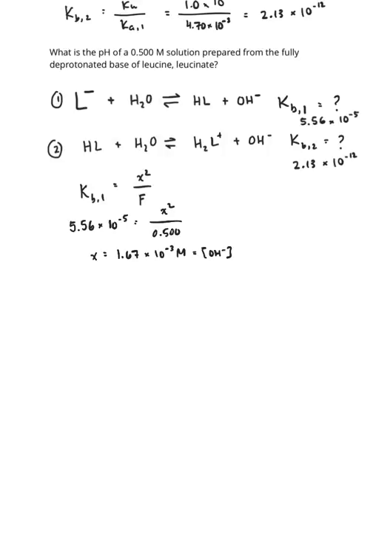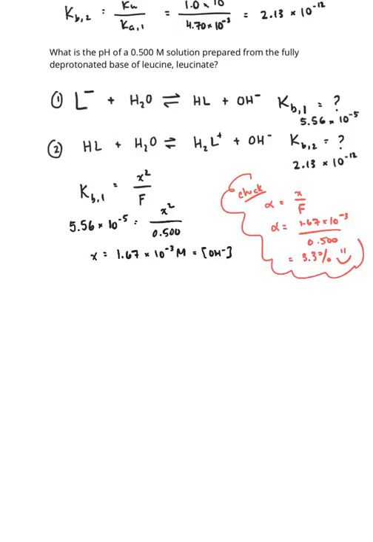As always, we'll check this assumption to make sure that we can carry out the easy form of this calculation. Alpha is x over F, 1.67 times 10 to the minus 3 over our formal concentration, 0.5, giving us 3.3%. Phew, we're okay. So we can live with our assumption. We don't have to solve a quadratic equation.